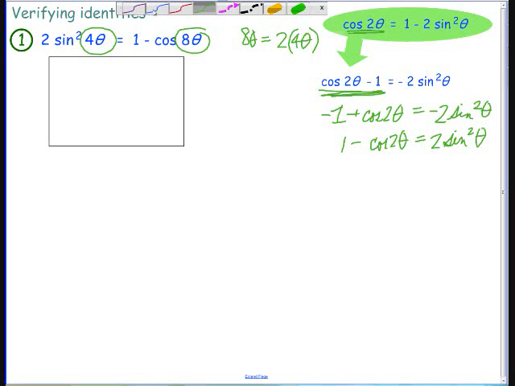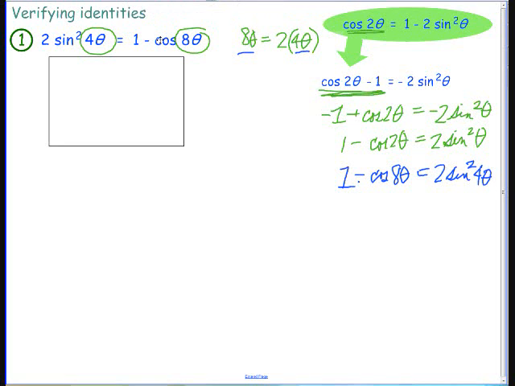Now the only thing I would have to go back and do here is consider that instead of saying 2 theta, I'm going to say 8. So it's going to be 1 minus cosine 8 theta equals 2 sine squared. And obviously, if this was the double, then the single is this. And I would have proved it, right? You like that?